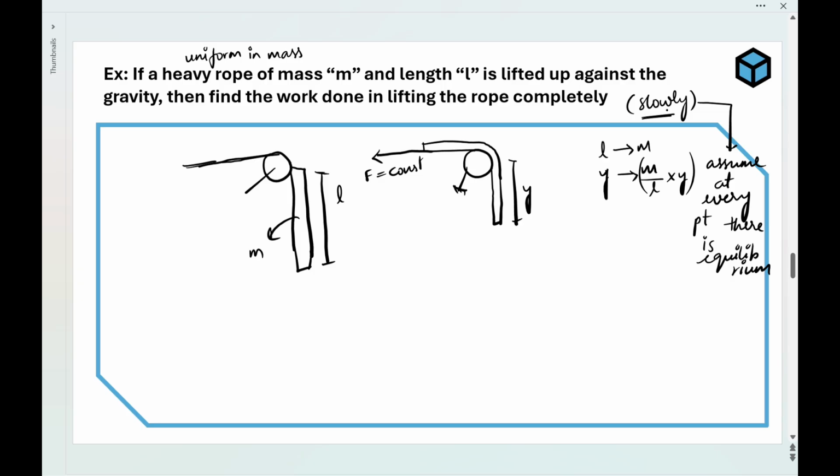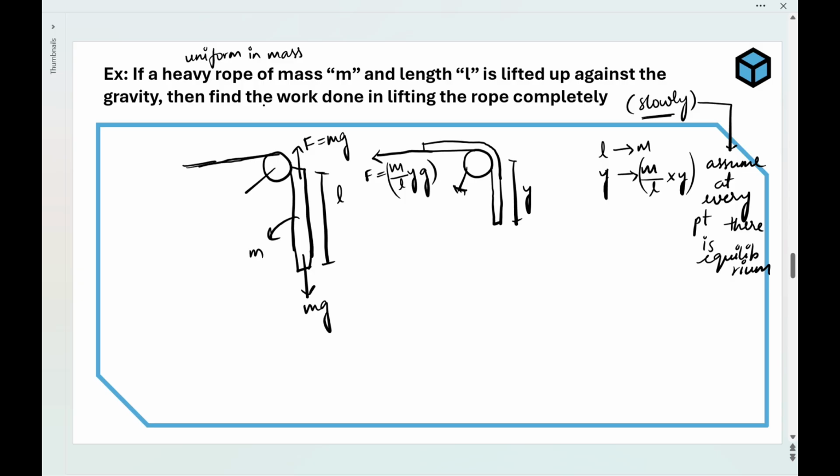One more thing, we are not applying a constant force, we are applying the force according to the mass which is hanging. Since it is in equilibrium, F should be mg initially, and after that it should be m by L into y into g.